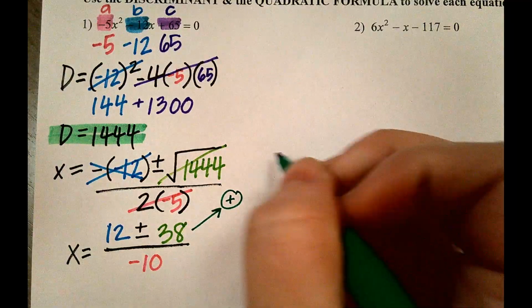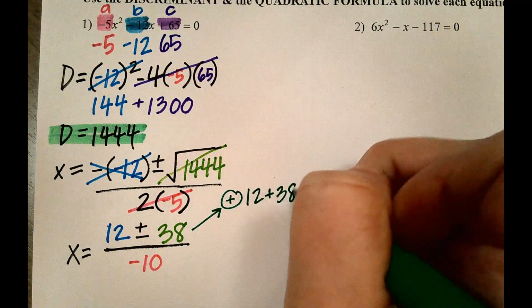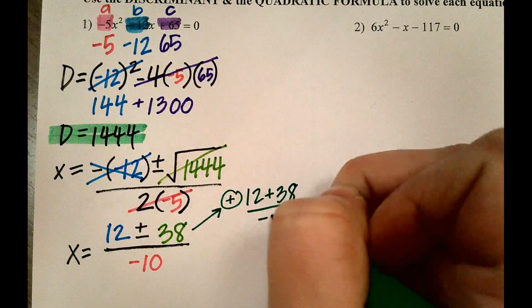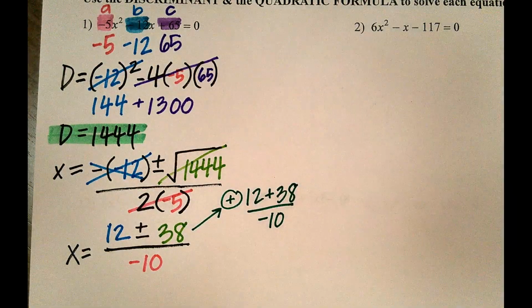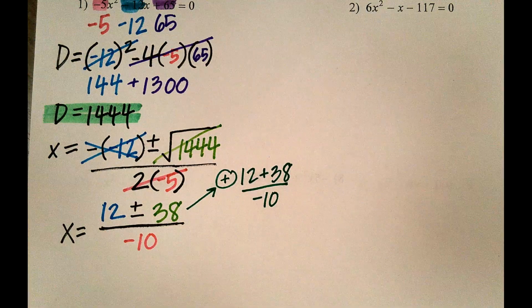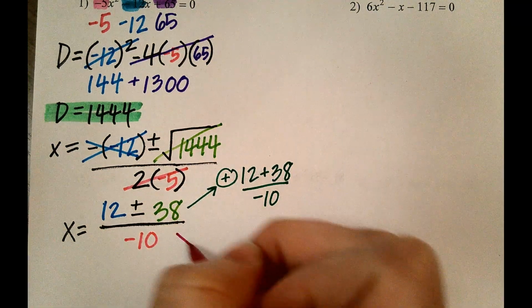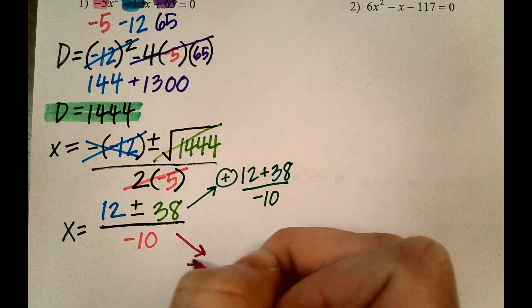What should I write for this? 12 plus 38 over negative 10. Good. And then our minus will be 12 minus 38 over negative 10.